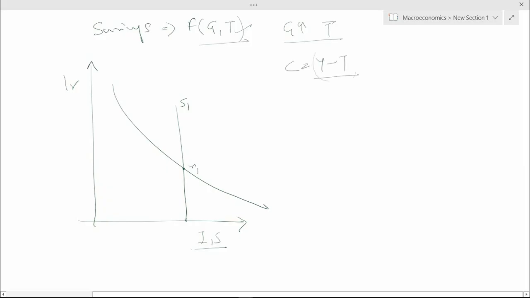So when we change government purchases with taxes fixed, we know nothing happens to consumption. Consumption depends on disposable income, which we know is Y minus T. Now with T fixed, there is no change in consumption. So no change.